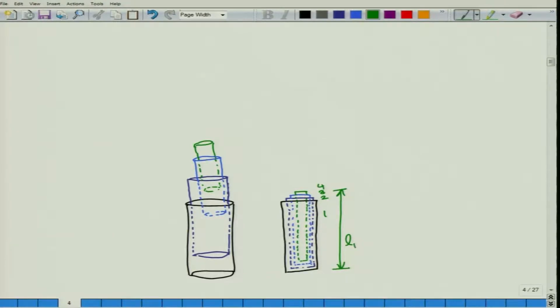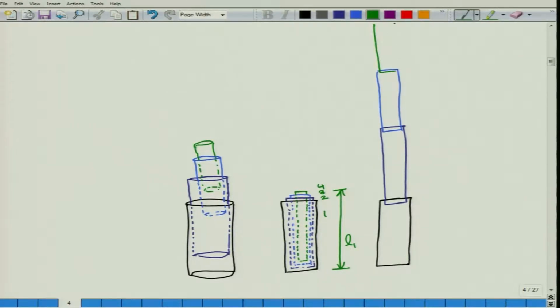But when you extend all these tubes, you will get something like this: the first portion, followed by the second, followed by the third, and the fourth.